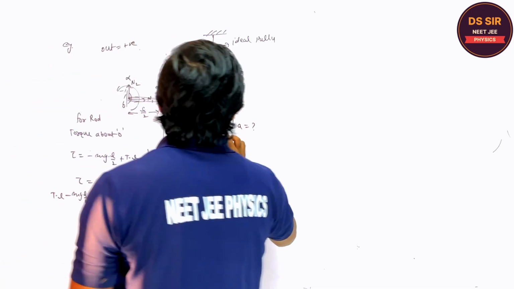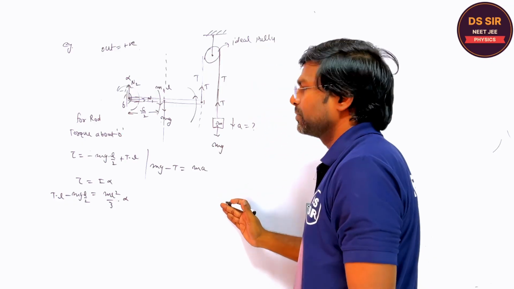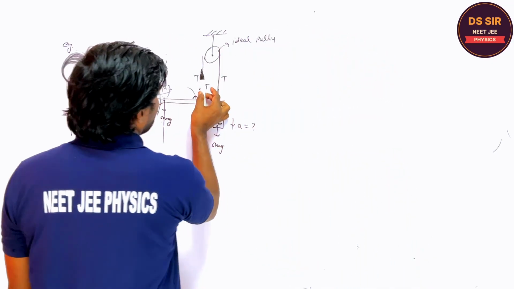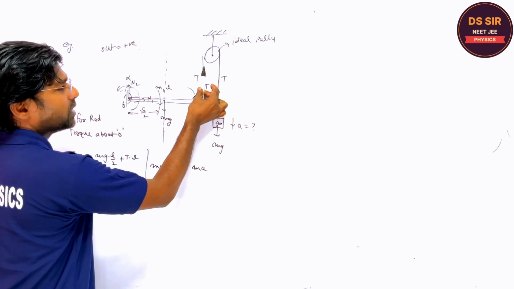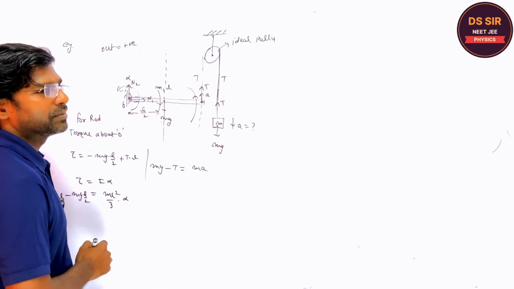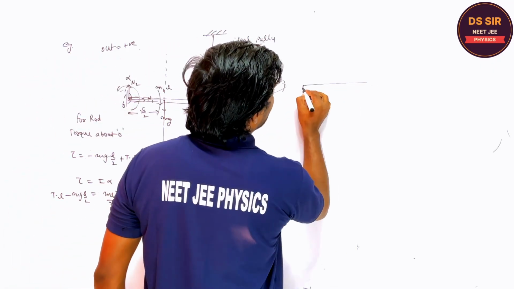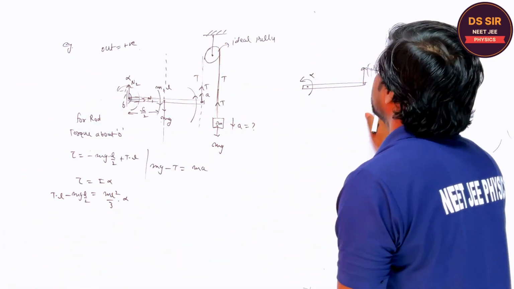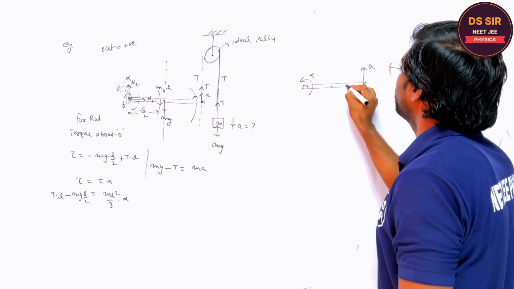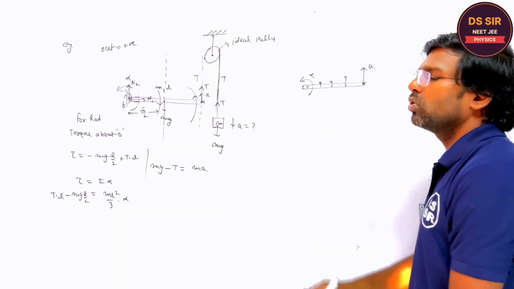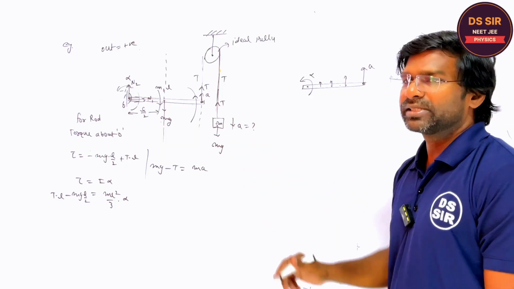Varsha, you tell me: if this is the acceleration A, what is the acceleration of this point? The acceleration of this point will also be equal to A. If this is the rod with angular acceleration alpha, and this point has acceleration A, although different points have different accelerations, we know this acceleration is the same as that of the block.